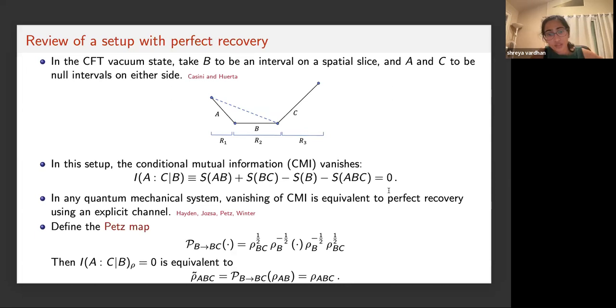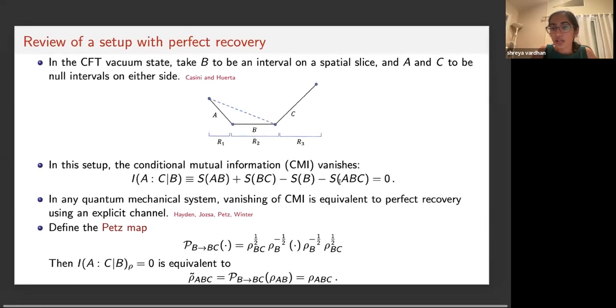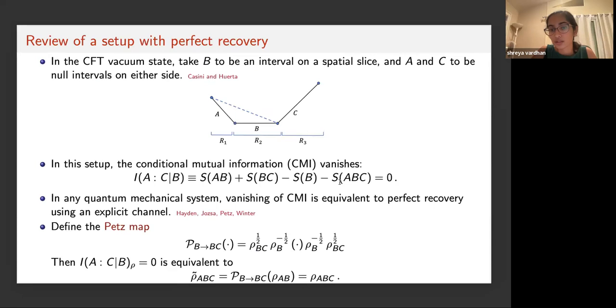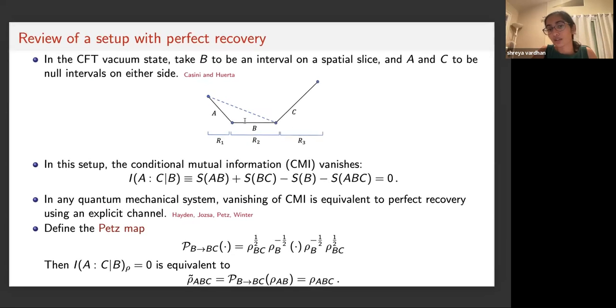Can I ask why it is important that A and C are null in this argument? So this vanishing happens only for the case where A and C are null. I see, just a matter of geometry.